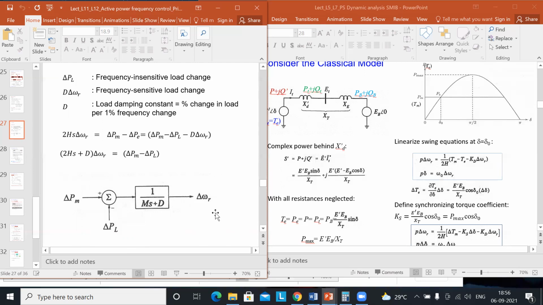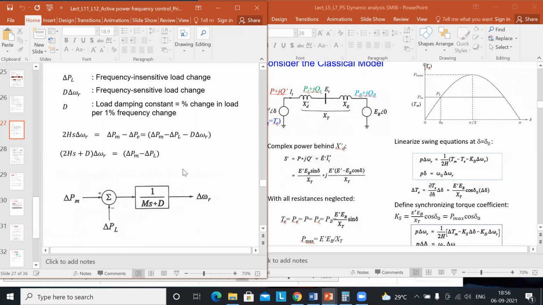We use this generator model whenever we have to analyze the frequency deviation, which will be based on this error and the system parameters: what is the inertia constant and what is the load damping constant, right?